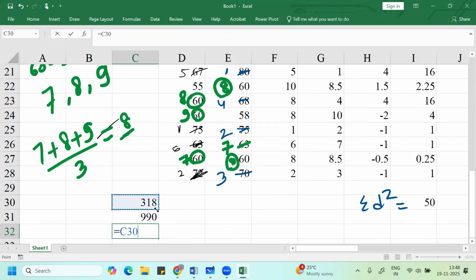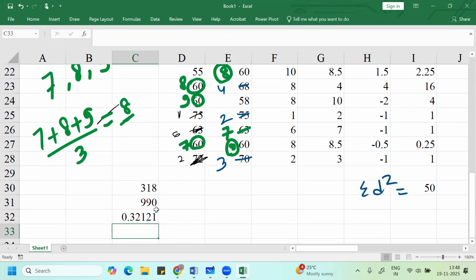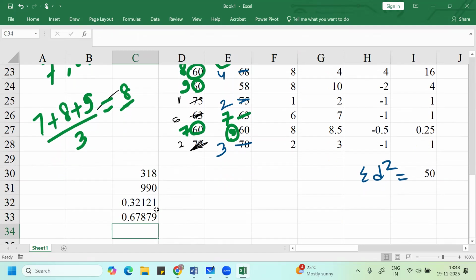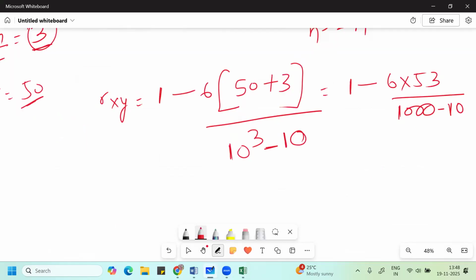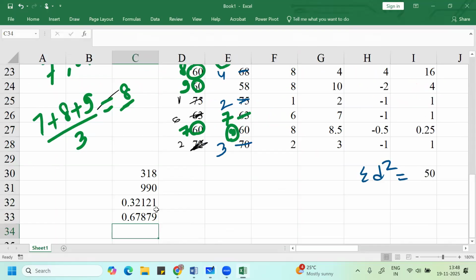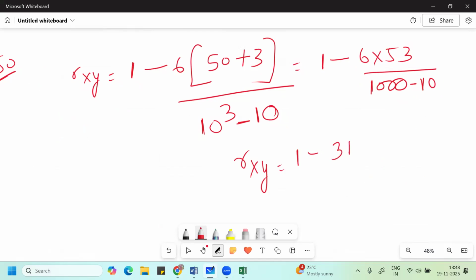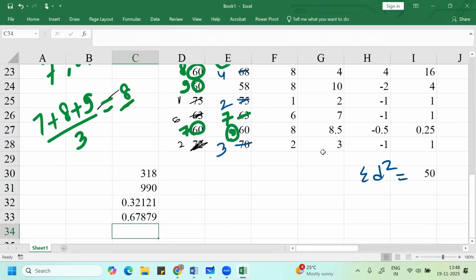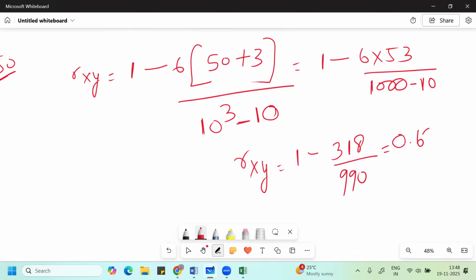So 318 divided by 990 is 0.321, and 1 minus this value is 0.678. So the R of xy you'll get is 1 minus 318 by 990, which gives an R value of 0.678. This is your R value.